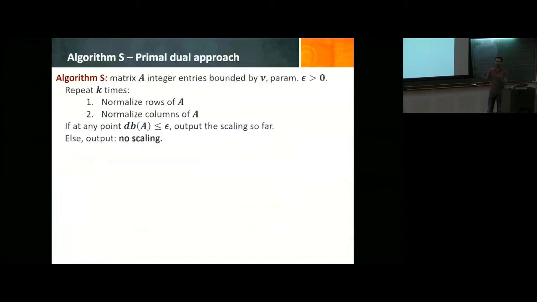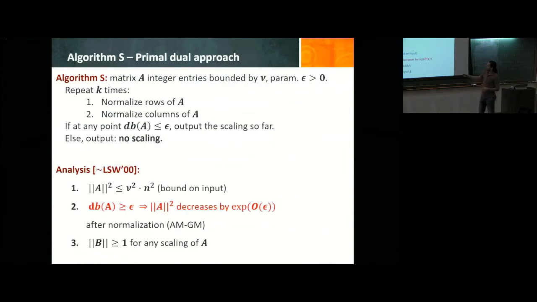Okay, so let's just look again at the same algorithm to convince ourselves that this is happening. If I just look at this line here, the line that I was trying to understand: if my doubly balanced measure is bigger than epsilon, bigger than some constant, then my norm decreases by a lot. Well, this part means that I'm far from a solution to the dual.